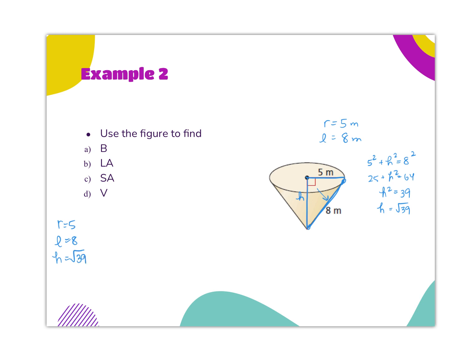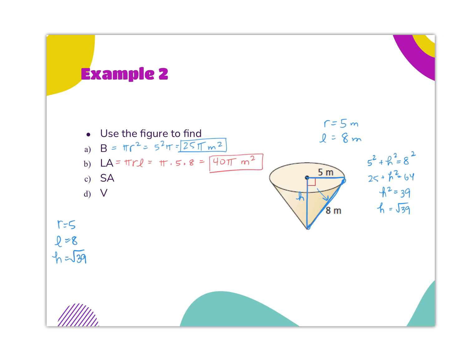So now I should have all the information I need to answer these questions. The area of the base is pi r squared. Since r is 5, it's 25 pi meters squared. The next part is the lateral area, which we know is pi r times the slant height. r is 5 and the slant height is 8, so the lateral area is 40 pi meters squared.